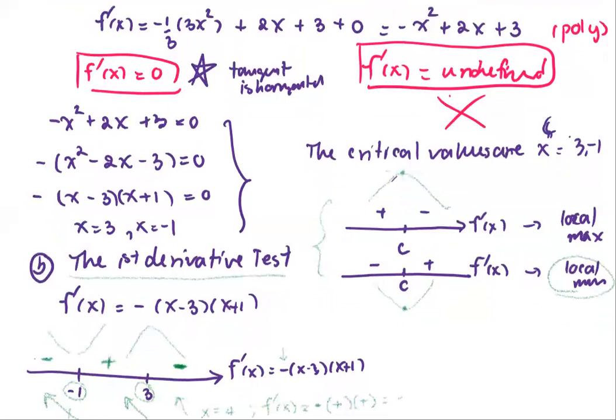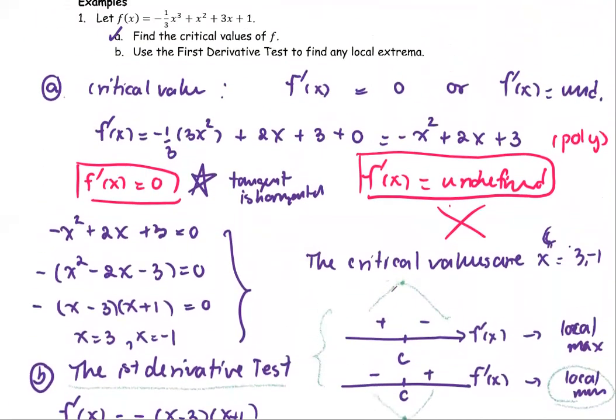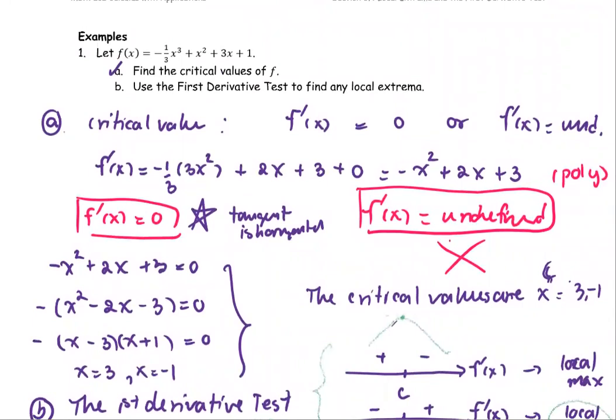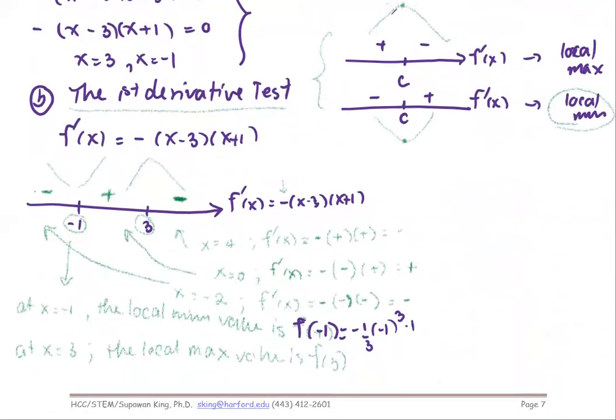So I'm going to write down here: negative 1 over 3, negative 1 to the third, and the second term is x squared plus 3x plus 1.